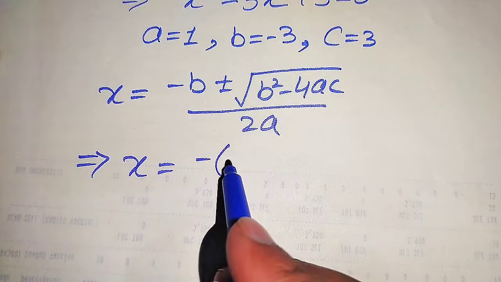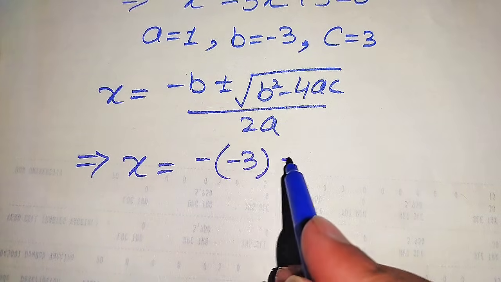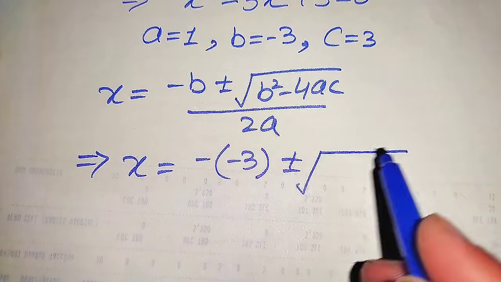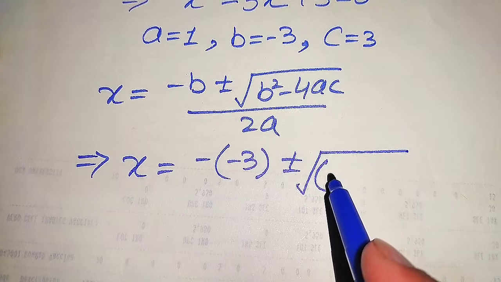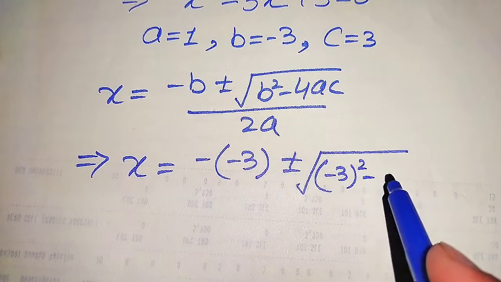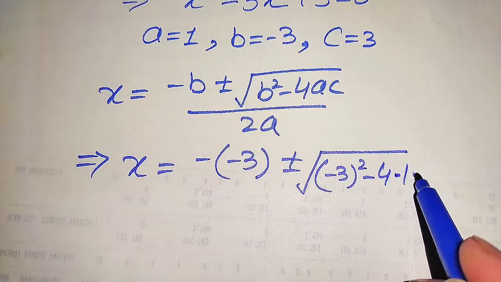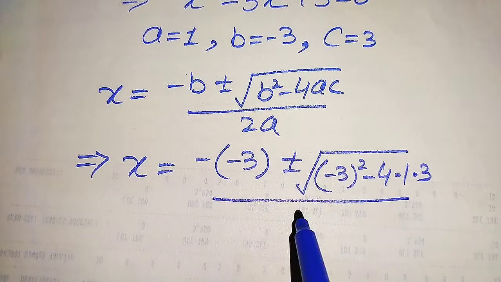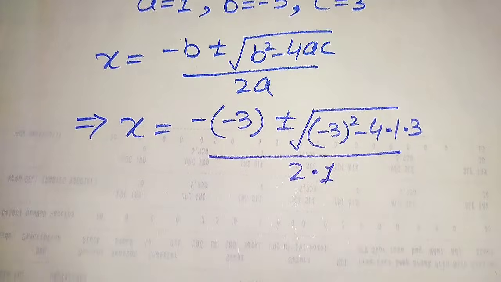After substituting the values it becomes minus times minus 3 plus minus square root of b square, so b is minus 3 squared, minus 4 times a which is 1 and c which is 3, divided by 2 times a.